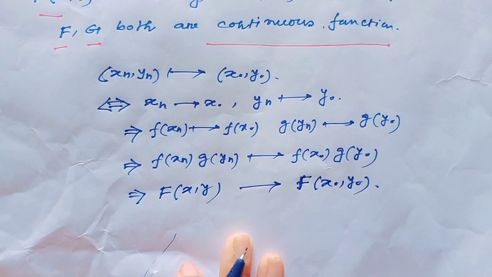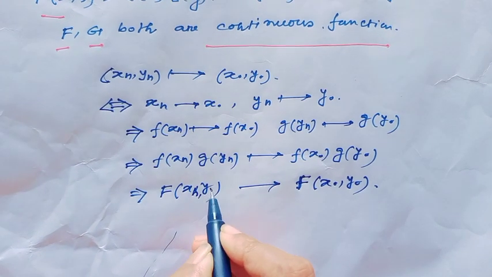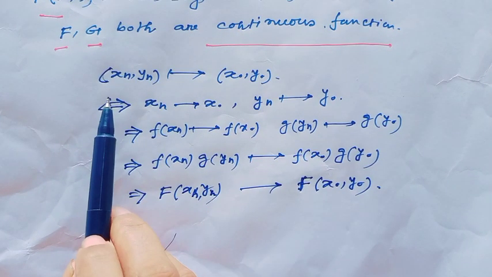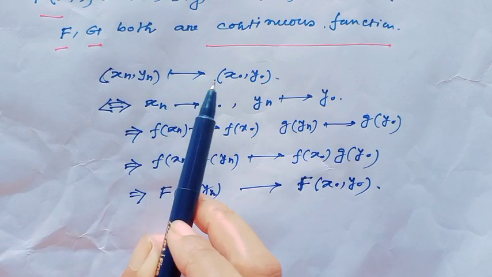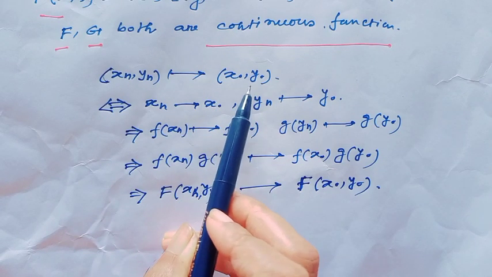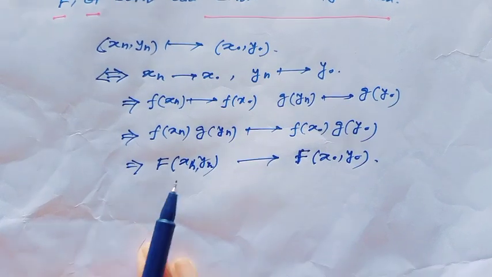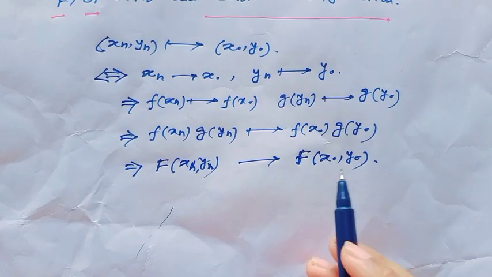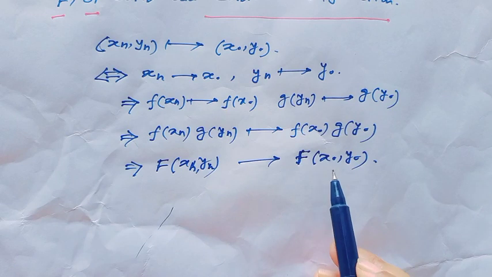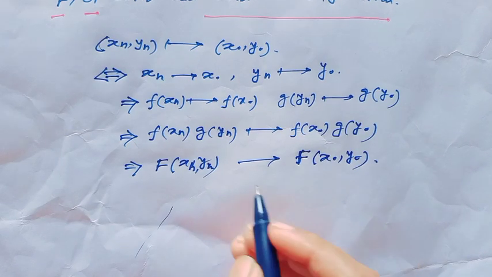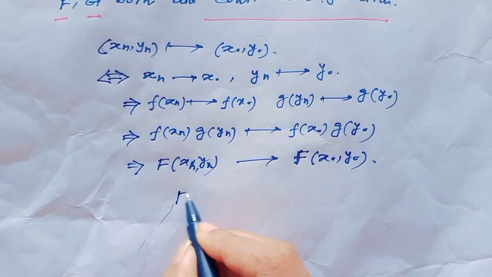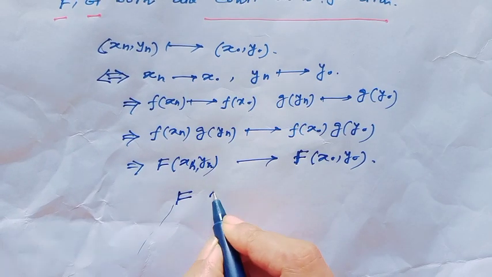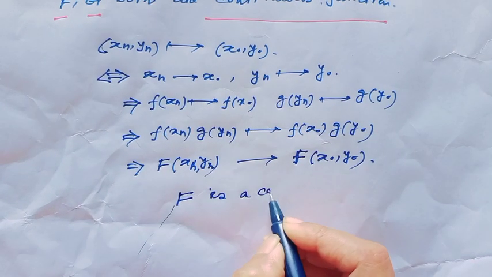Therefore, I have got (xn, yn) converges to the point (x naught, y naught) implies F of (xn, yn) converges to F of (x naught, y naught).